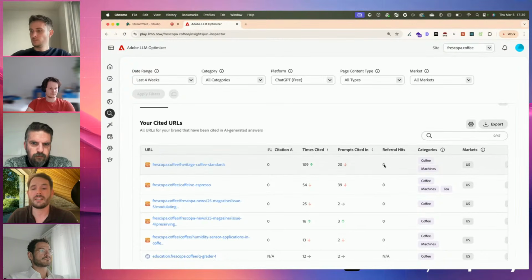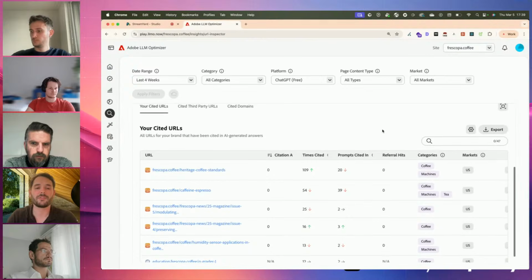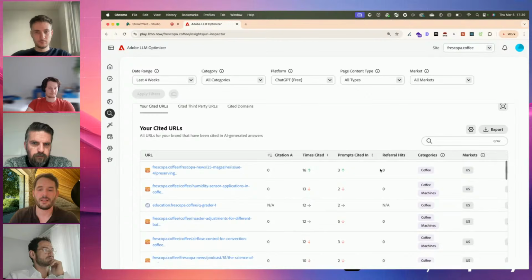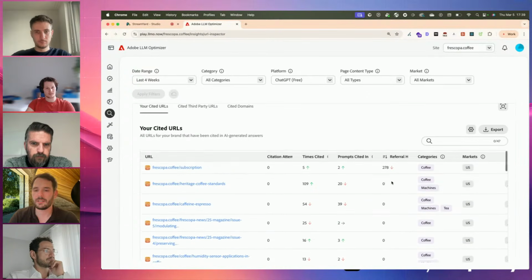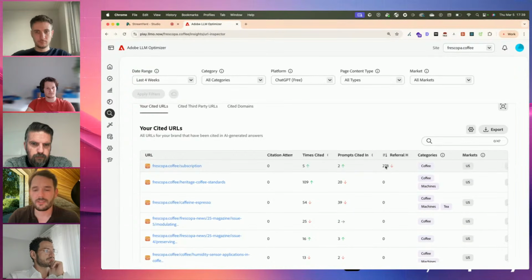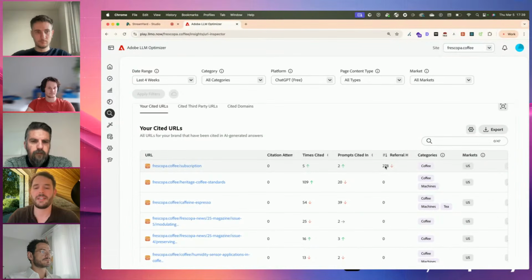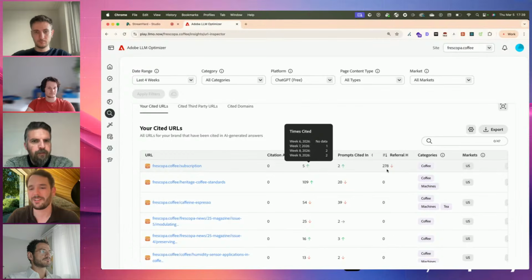And then you see that there is no referral hit, so unfortunately no users are getting on that page from those citations. Maybe we have some with data then. Yeah, okay, we have one there. So this one would mean that out of those 5 times it was cited, you got 278 people who clicked on those links, which would be a lot.